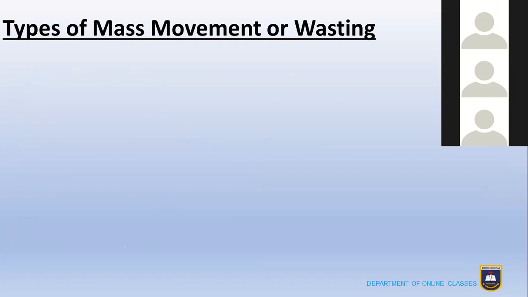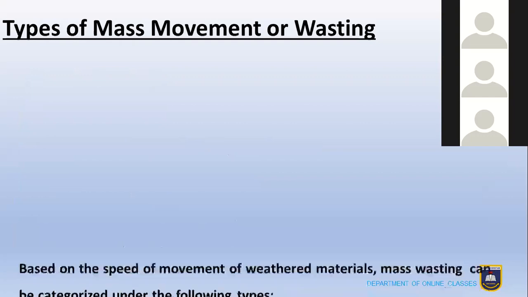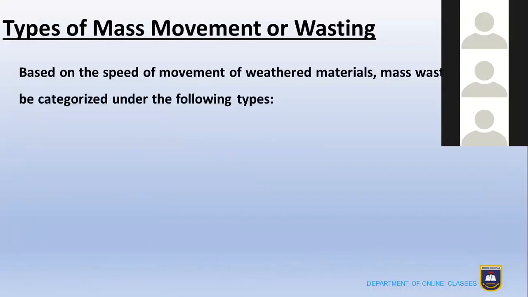That is how fast the weathered materials are able to move downslope under the influence of gravity. How fast these materials move helps us to determine the various types of mass wasting. So take note: based on the speed of movement of weathered materials, mass wasting can be categorized under the following types.